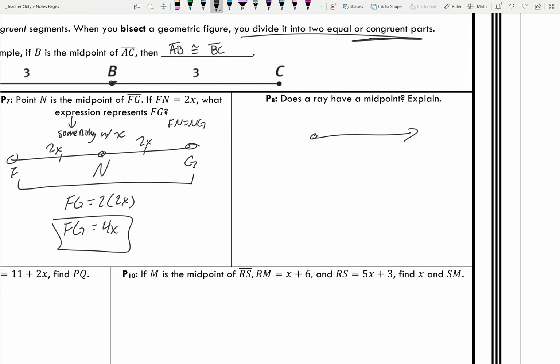It's still infinity. So that means we cannot put a midpoint anywhere that would be exactly in the middle of two endpoints, because first of all, a midpoint requires two endpoints. We only have one endpoint, so we cannot take the midpoint. I'm just going to put a big no, and you can write your explanation based on what I just spoke about.